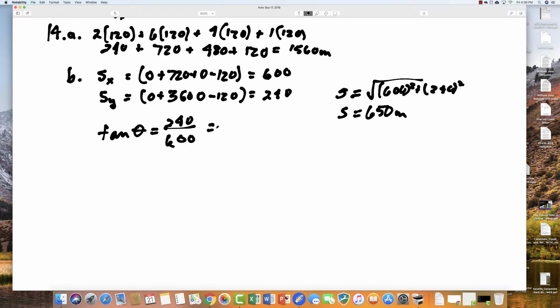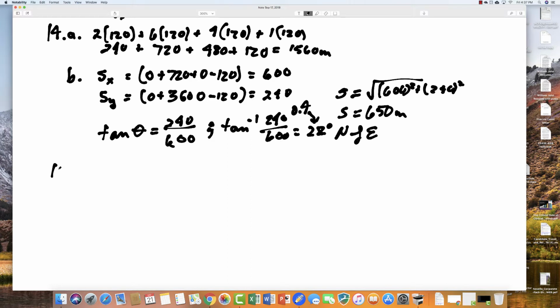And so the angle is the inverse tangent of this number. And when you calculate that, you get 21.8. Well, let's say 22 degrees. And in this case, it's going to be north of east: 22 degrees north of east. This is 0.4, and then when you do the inverse tangent of 0.4, you get 22. You actually get 21.801, which rounds up to 22 degrees.